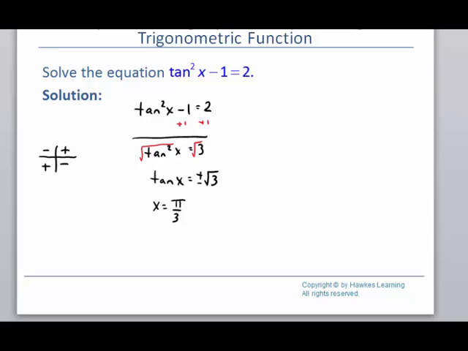And so technically, because we have the plus and the minus here, we can consider all quadrants as possibilities. So pi over 3 would be the angle in the first quadrant. I'm going to do what we did in the last example, and I'm going to rotate down and say that negative pi over 3 is another solution.